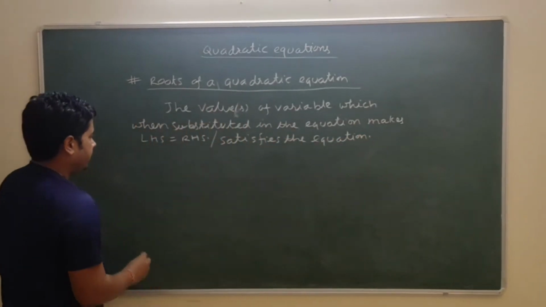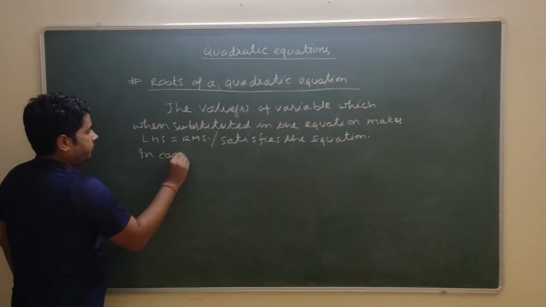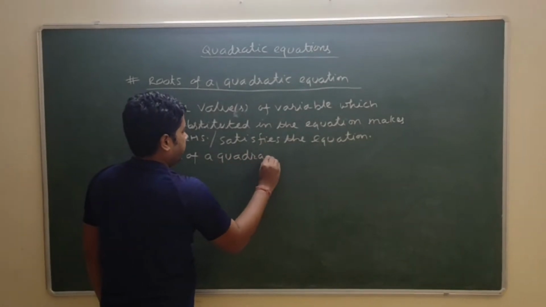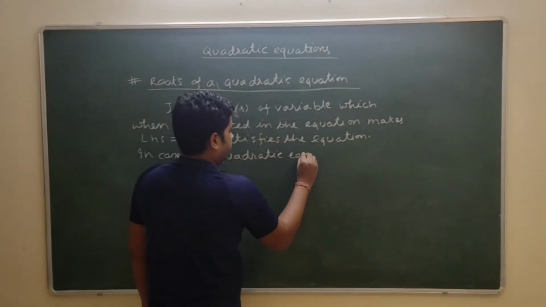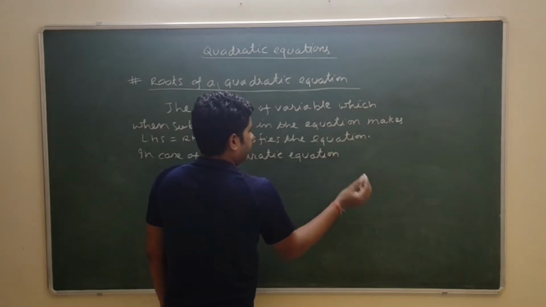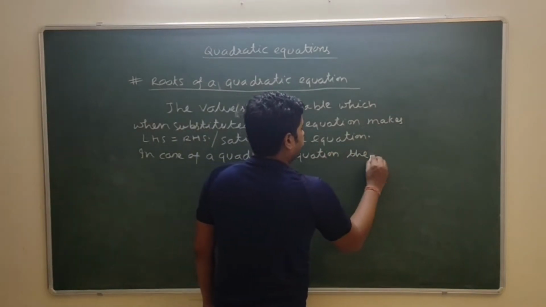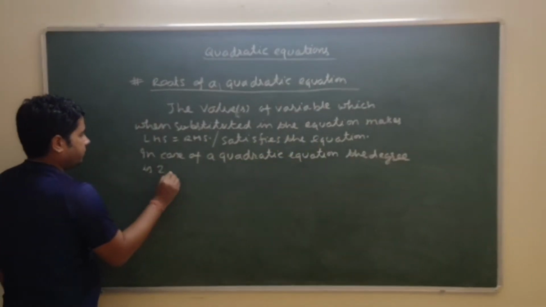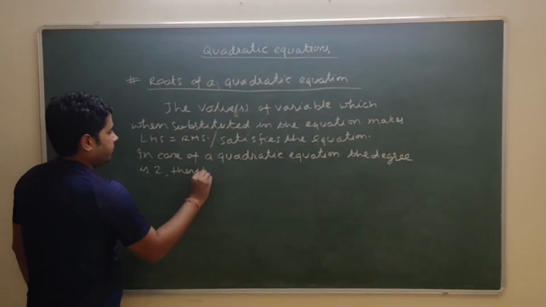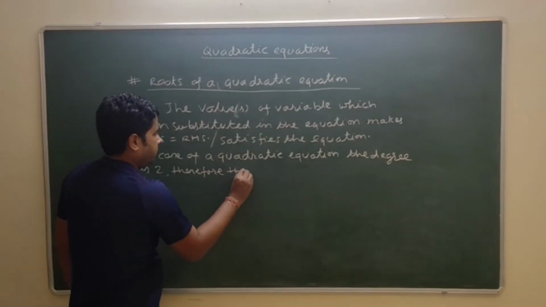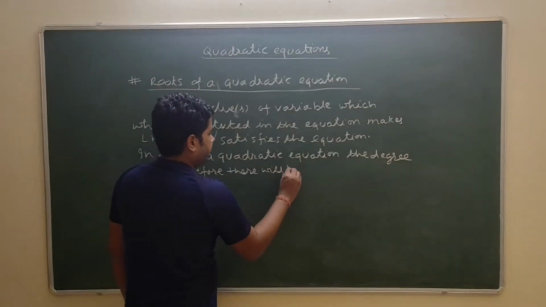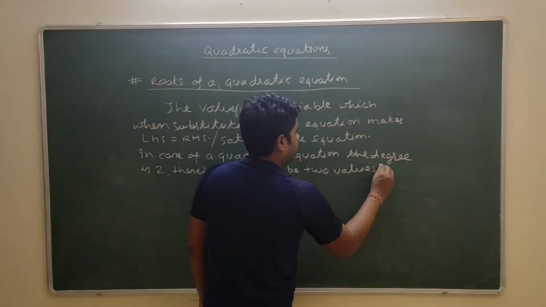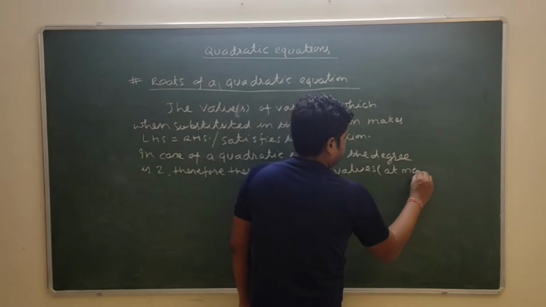Okay, in case of a quadratic equation, the degree is 2, therefore there will be two values at max.